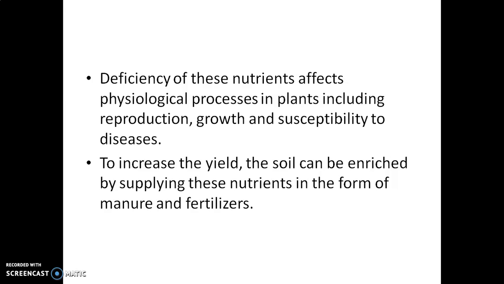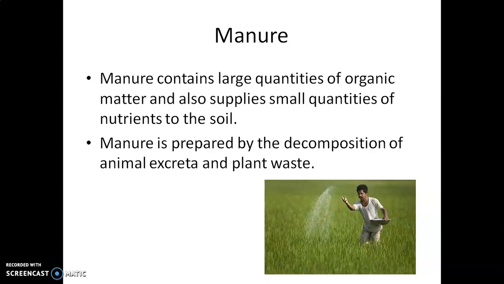To increase the yield, the soil can be enriched by supplying these nutrients in the form of manure and fertilizers. Okay, so how can we improve? What is the first technique? That is nutrient management. So for that we have to add these elements in soil in the form of manure and fertilizers.